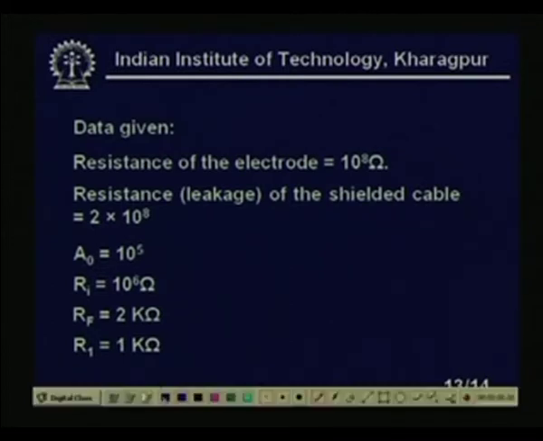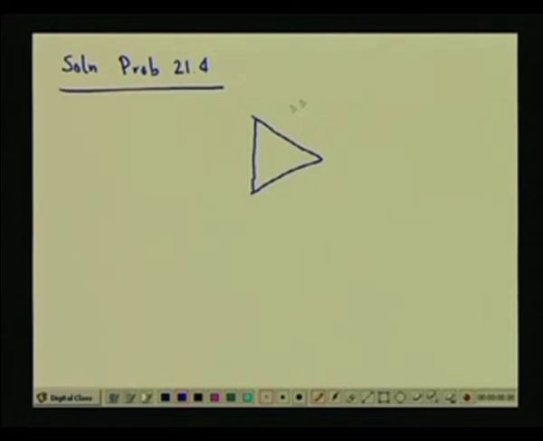Solution to problem 21.4. The op amp given in the problem can be represented like below. You see that we can draw it like this, plus and minus.